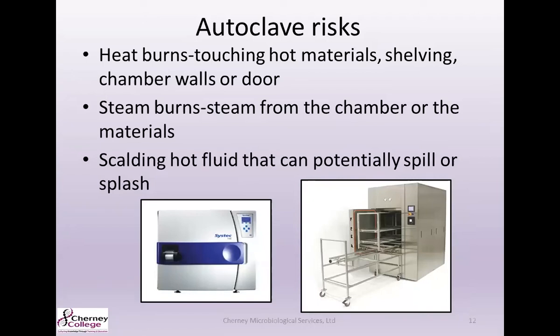Liquids can splash and burn, so use the proper PPE. Utilize gloves and aprons and face shields if need be. In the pictures below, you could have a smaller tabletop autoclave, or you could be working with that much larger unit on the right. So just make sure that you know all the safety risks associated with any autoclaves that might be in your lab.